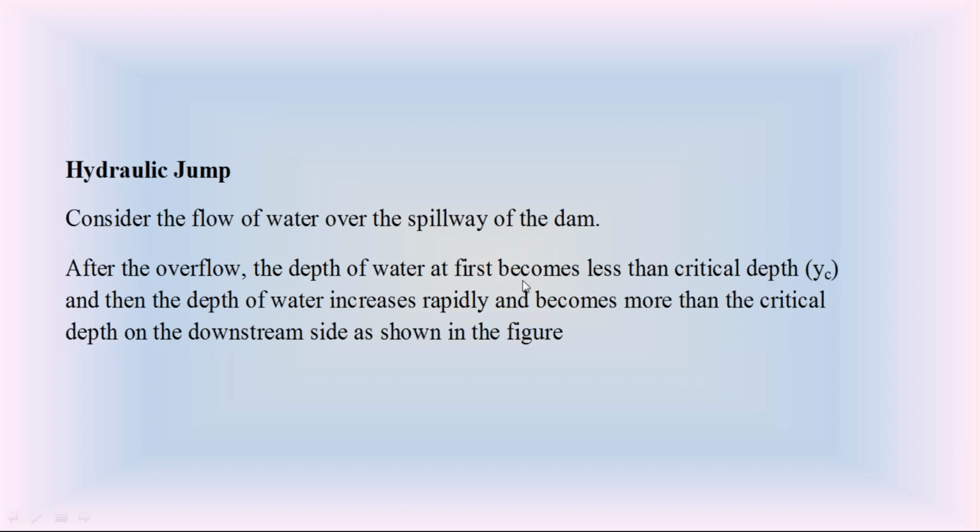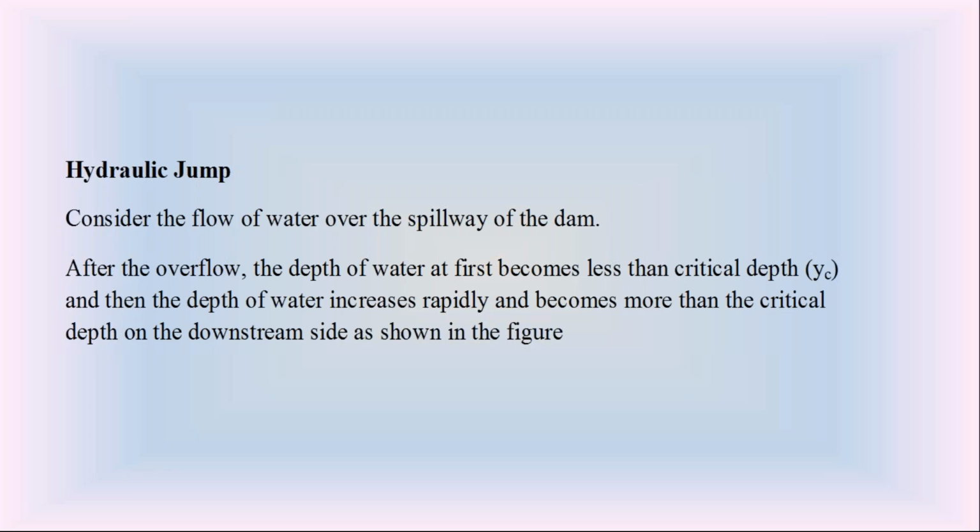When the water depth is less than the critical depth, the water is in supercritical condition. Then the water depth increases rapidly. After a short length of travel in the open channel, the water depth increases rapidly. At a certain point, the water depth becomes more than the critical depth. That is known as the subcritical condition.